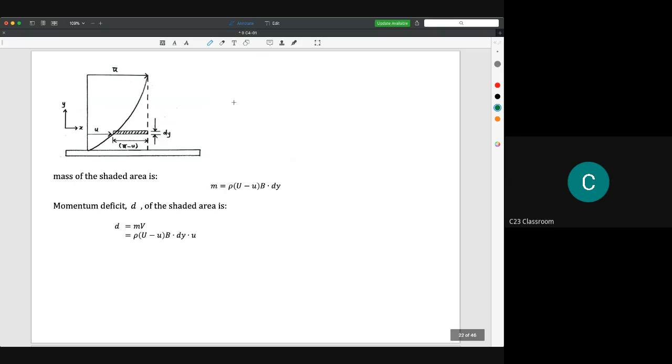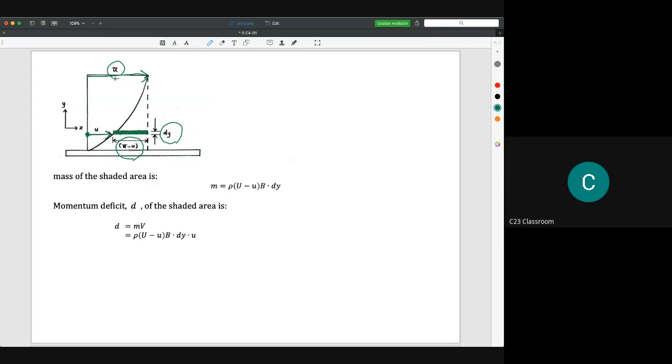So let's say we enlarge that area, so we have this one. Because this area is not symmetrical, not a common shape, we start to calculate with a small area like this one. Let's say we have a very long thin strip, so we assume that the thickness is dy, and the length of this green strip is capital U minus u, because the local velocity is u, and the free stream velocity is capital U here.